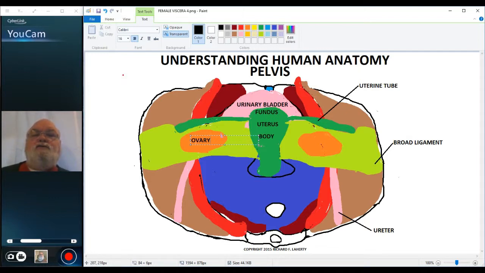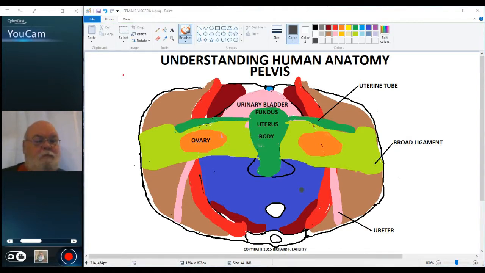Now, attaching to the ovary are two ligaments, so two on each side. One of these ligaments is called the suspensory ligament, and it runs from the broad ligament over to the ovary on each side.